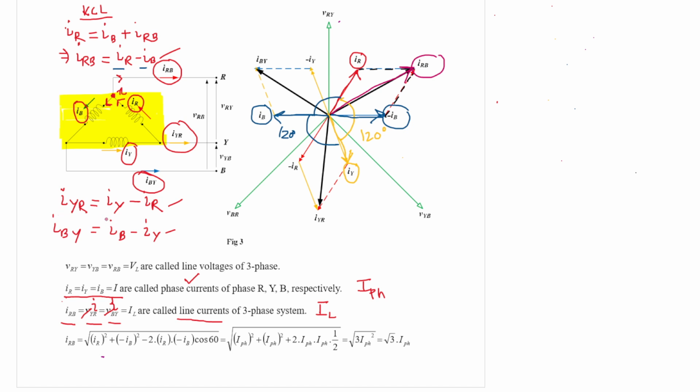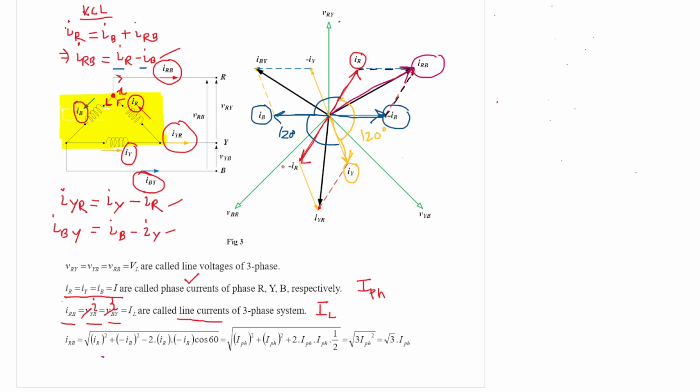Similarly, for IYR, IYR is equal to IY minus IR. So IR should be taken in the negative direction. So if this is IR, then it should be minus IR in this direction.